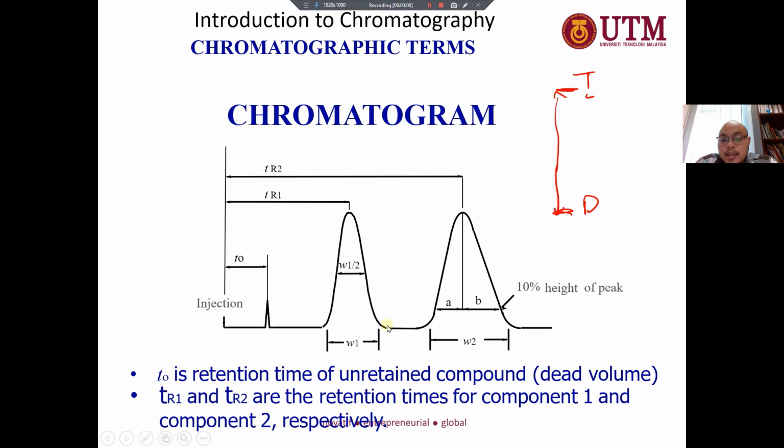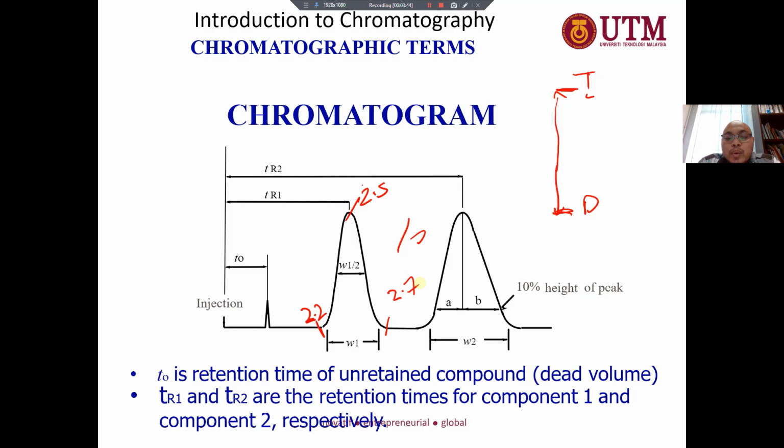it reaches the baseline again. For example, it rises from 2.2 minutes, and then it reaches the peak at 2.5 minutes, and then it goes down back to the baseline at 2.7 minutes.